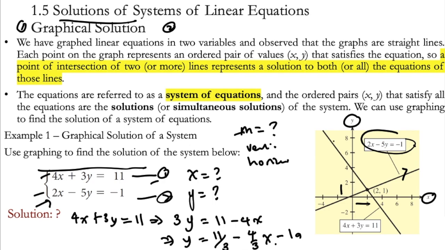And then when we draw the graph, you can see clearly that the two lines here intersect each other at this point. Okay, and this point, it so happens that the coordinate is 2, 1. So that gives you the answer for x and y. 2 here refers to x, and then 1 here refers to y. That's one way of having graphical solution.